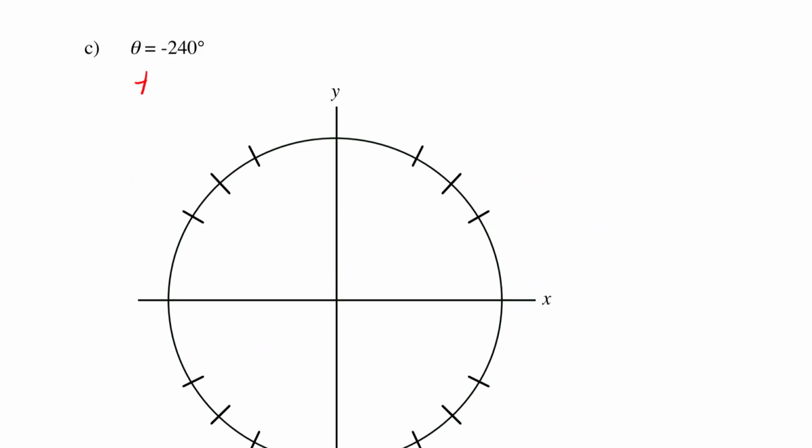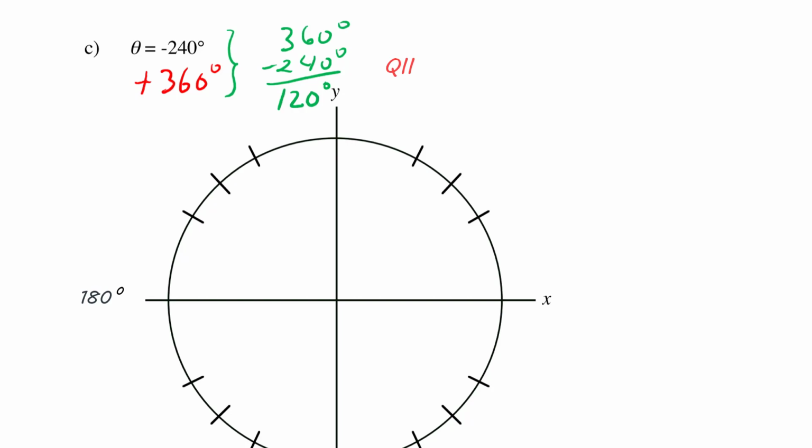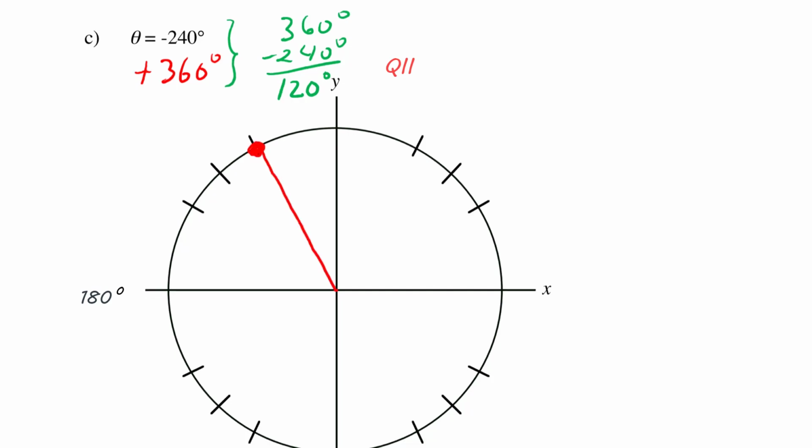Now let's take a look at theta equals negative 240 degrees. This time, we're going to add 360, and you might be able to see that that adds up to 120 degrees, or what you can do is switch the numbers around. A positive 360, a negative 240. When you subtract, that is 120 degrees. Now that's a quadrant 2 value. In fact, it's related to 60 degrees.